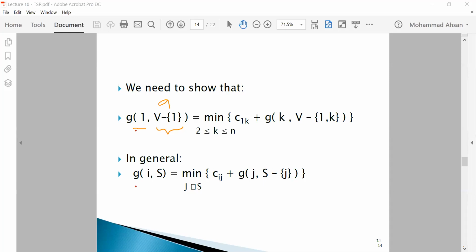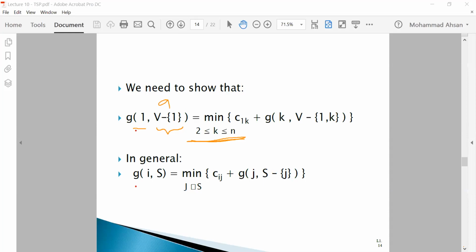So what is the cost? If you have 9 vertices left and you started at 1, you don't know which of the 9 you should select. There are 9 possible paths when you're just looking at the first edge. So this k will range from 2 to n. If it is 10, then 2, 3, 4, 5, 6, 7, 8, 9, 10.